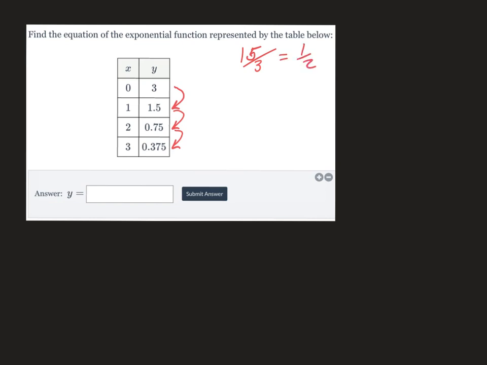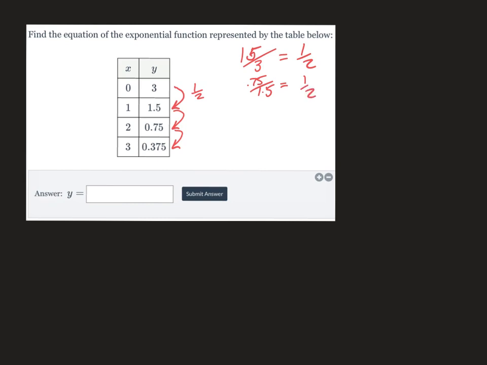We want to reduce that. I mean, it's not a necessity. I mean, you can have different rates, but a lot of times it's confusing. So we can see our rate here is 1/2. And then we move to the next one and we go 1.5. We're going to divide 1.5 into 0.75, which is also a 1/2 rate.